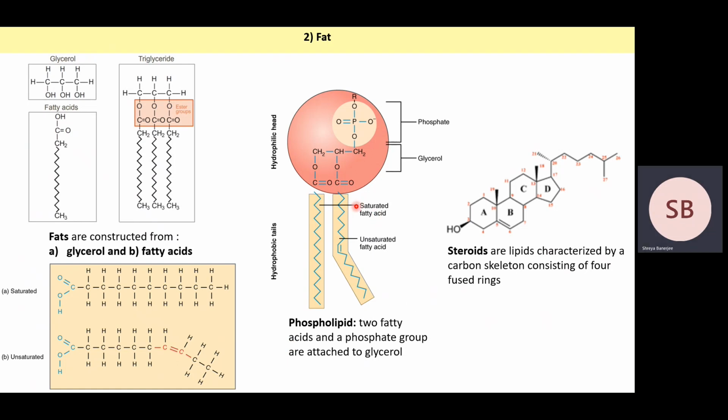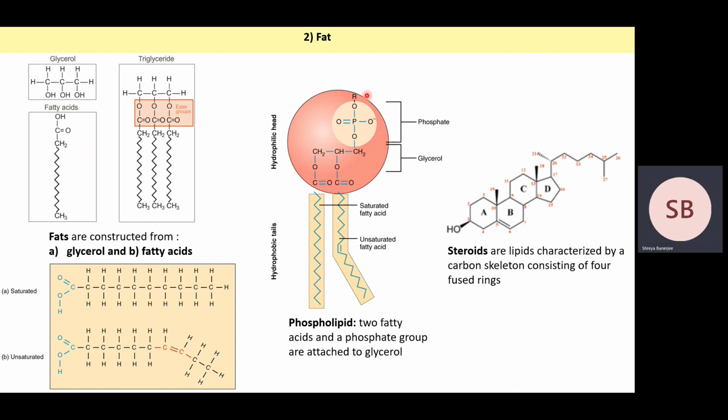And in phospholipids, what happens is that two of the OH of glycerol are attached to fatty acids, which can be saturated or unsaturated, but one OH is attached to a phosphate group.